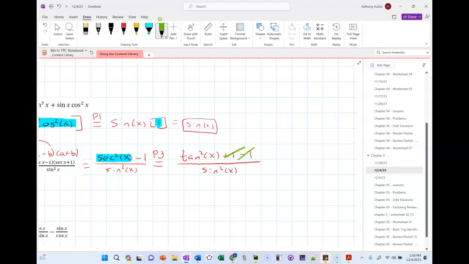Just add to give us 0, right? You see that we've now eliminated a term from the numerator. You guys see that? Where did the secant go? So I replaced secant squared with tan squared plus 1. Look at P3, and look at what P3 says it equals. Oh. Right? So that's what I did.